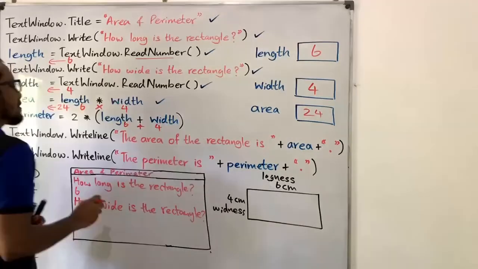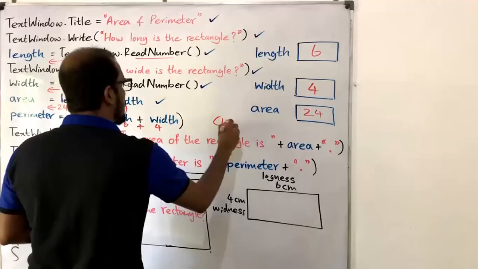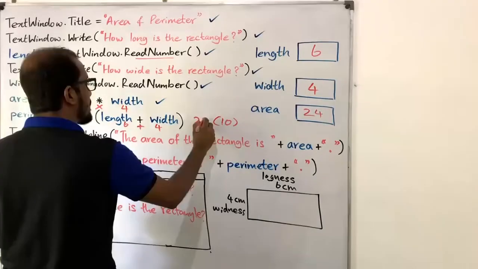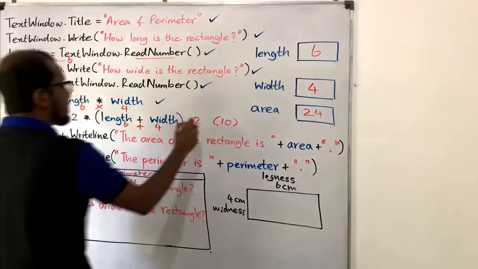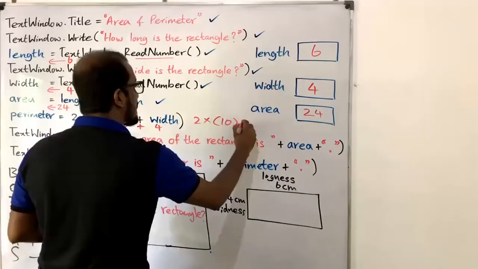So from the bracket it gives us the value 10, and it should be multiplied by 2. So 2 times 10 means 20. Here the value is 20.